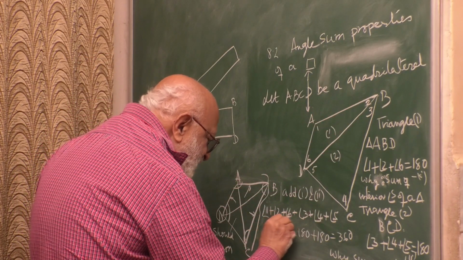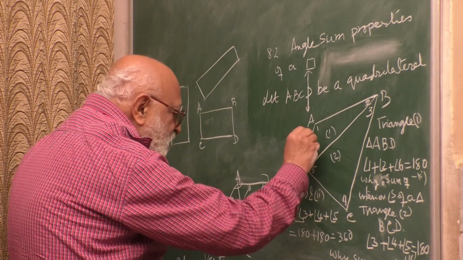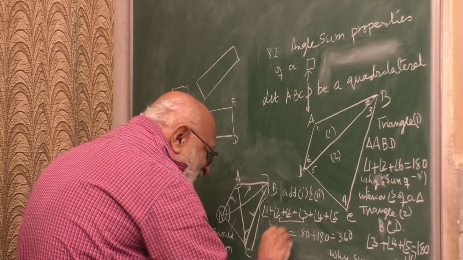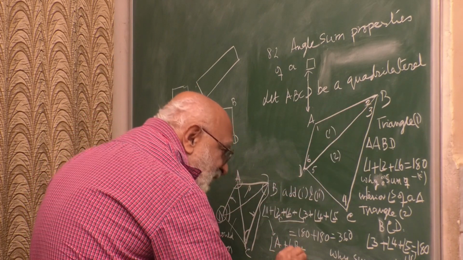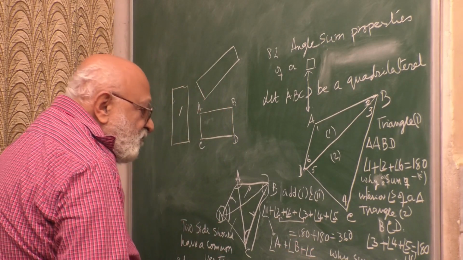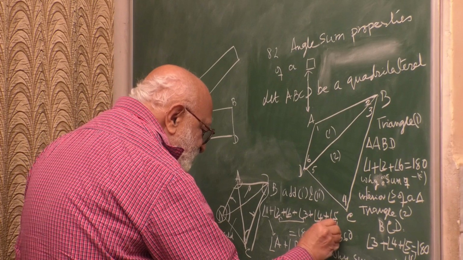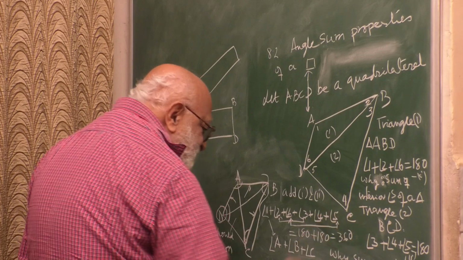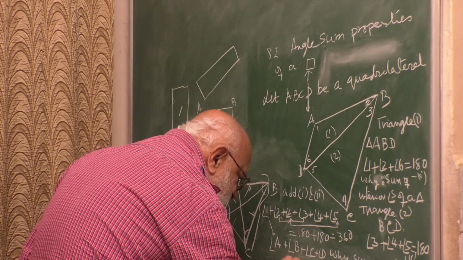Angle 1 is angle A. Angle 2 and 3 is angle B. Angle 4 is C. Angle 5 and angle 6, that is equal to angle D. So that is equal to 360.